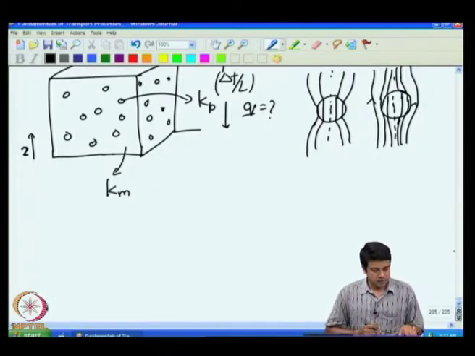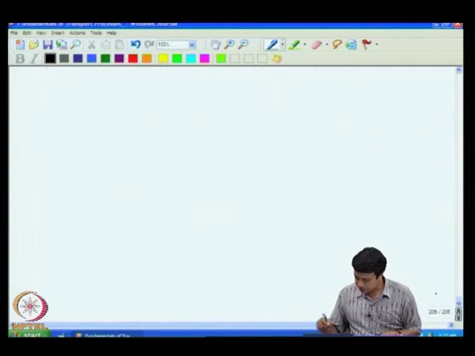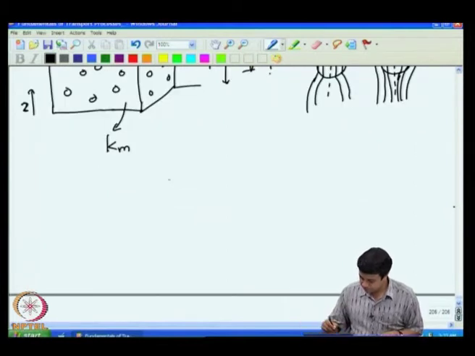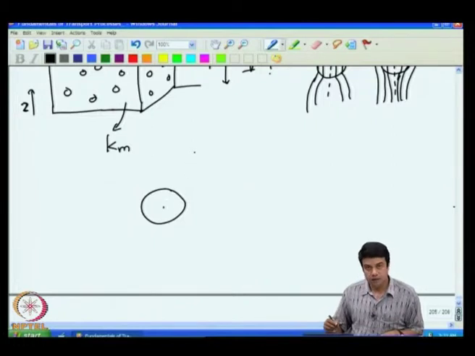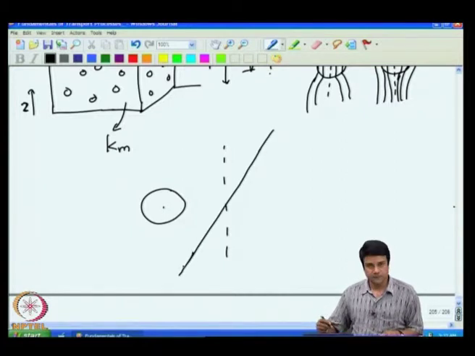Now, since the distance between the particles is relatively large, there is a large distance between neighboring particles. So, if I look at a single particle, it looks like a particle that has been placed in a temperature gradient, which is nearly linear far from the particle. Of course, when I come close to the particle, there is going to be a disturbance of this temperature field, because this particle is either more or less conducting.